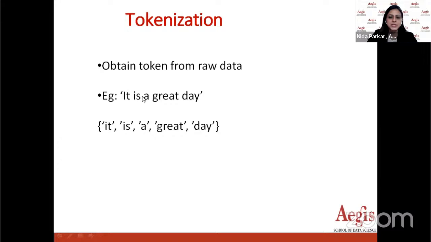Both libraries have their own built-in functions in which you pass the sentence and it directly gives you the output in this form. So for the data "It is a great day," it is going to break down each word. Here the separator acts as the space. Each word you have in the sentence is considered a token.